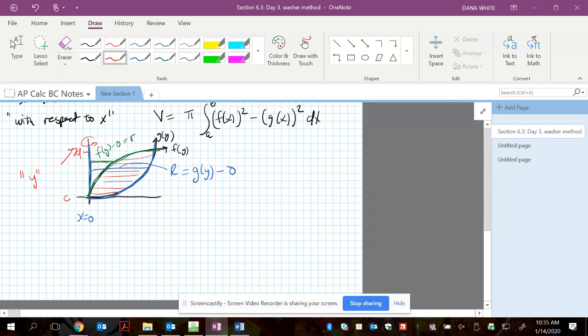Let's draw a cross section real fast. So this is my little inner r, and that's going to be an inner hole. And then I have an outer r, and that's going to be my outer surface. That height there is change in y. So my hole also has a thickness of change in y.